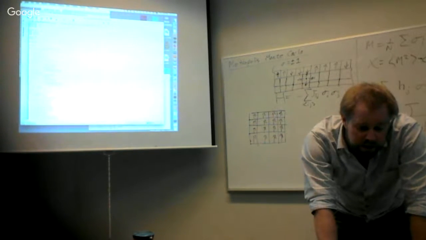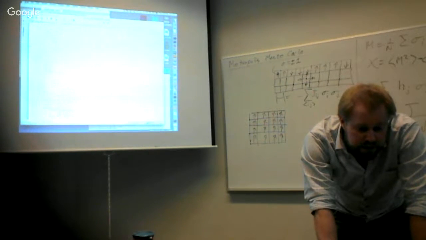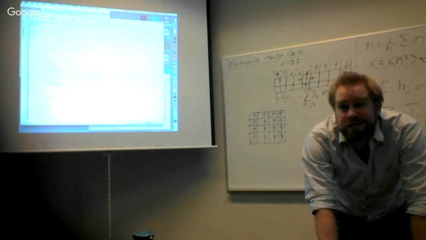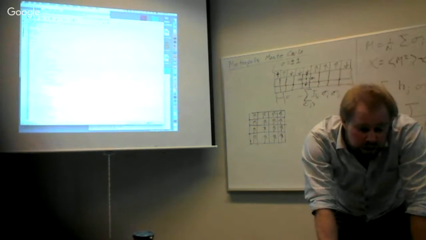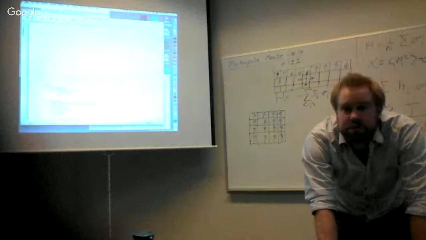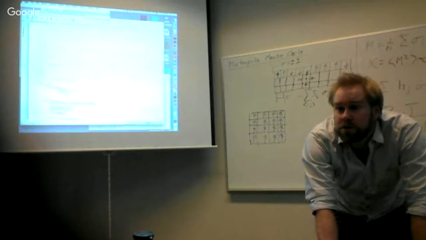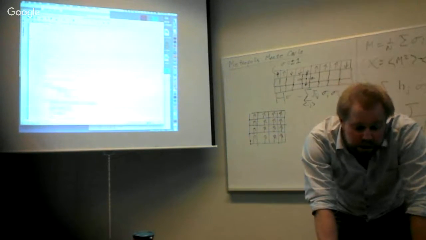And in my algorithm I have a two-dimensional array, S, which is going to be my spins. I initialize them to some random value, either +1 or -1. And then I come down here, and I'm first going to equilibrate the system.